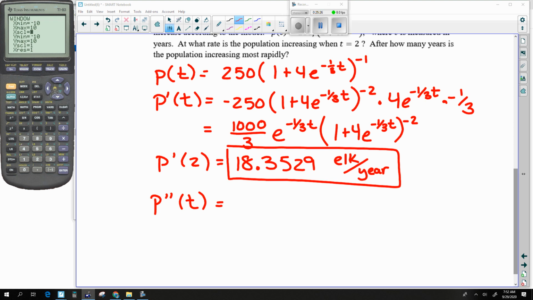Did this problem before, so I'll just kind of help you out. Negative 5, let's go with like 30. Yeah, when it graphs the derivative, it does it relatively slowly.